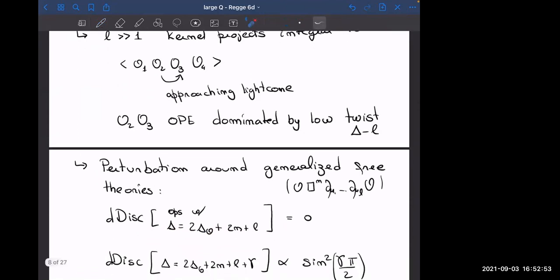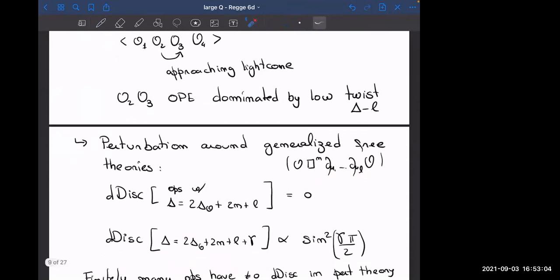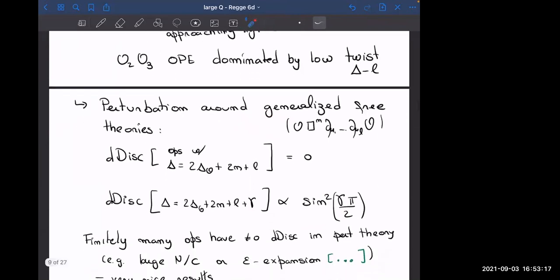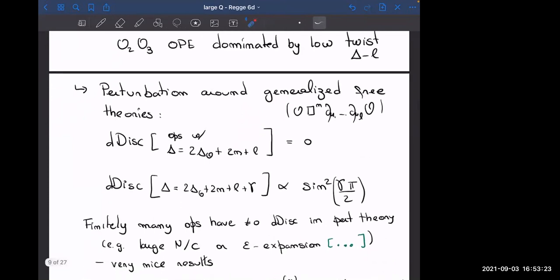And then as you do perturbations around generalized free theory, these operators will all acquire an anomalous dimension. And the double discontinuity of a block with a small anomalous dimension actually goes like the sine squared. So you see that the anomalous dimension only kicks in at order gamma squared, if gamma is the anomalous dimension, and this allows you to do some perturbation theory at around 3 points. So you have finitely many operators having non-zero dDisc, and you have a starting point for your expansion.